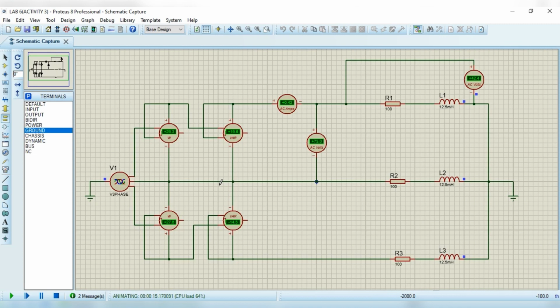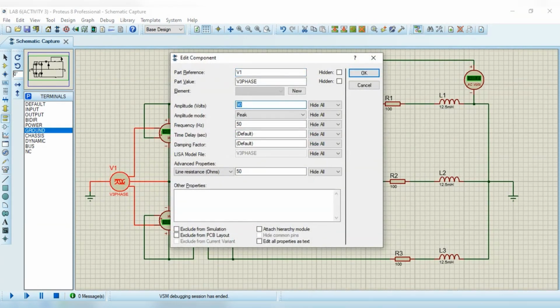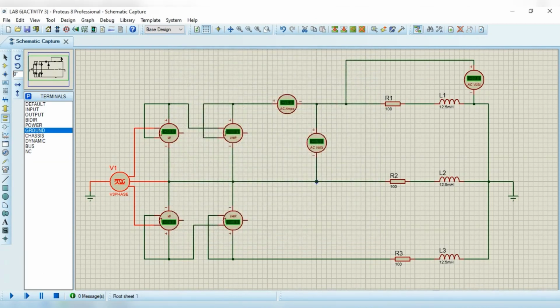Okay, next, lastly, the last voltage is 135 volt. The resistance and inductance are still the same. Then we run, we get the volt is 110, and then we get this 63.2. The current is 0.64.